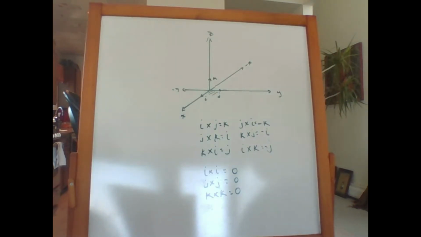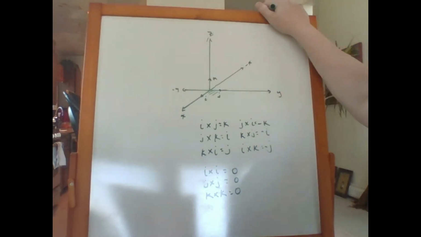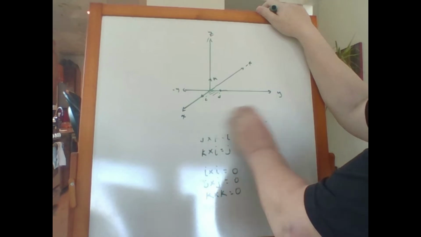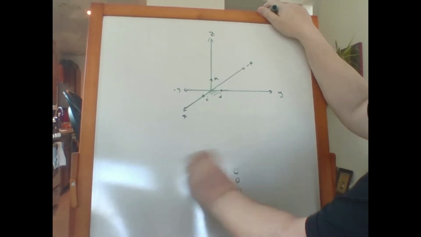So you never get any contribution from like components of vectors. So you can see that there's a little bit more involved in the cross product. It's more difficult, let's say, than a dot product.